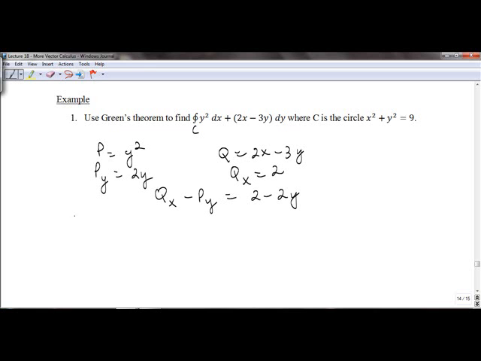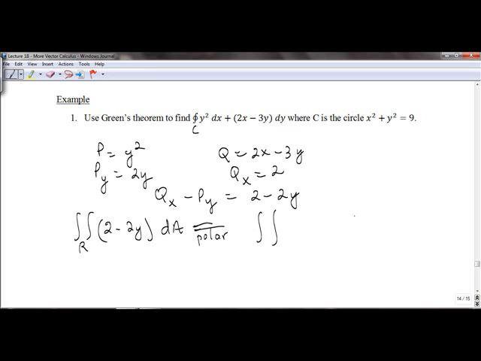So what you are finding is the double integral over the circle of (2 minus 2y) dA. Because it is over a circle, what do we convert to? Polar coordinates. It's going to be easier for you.